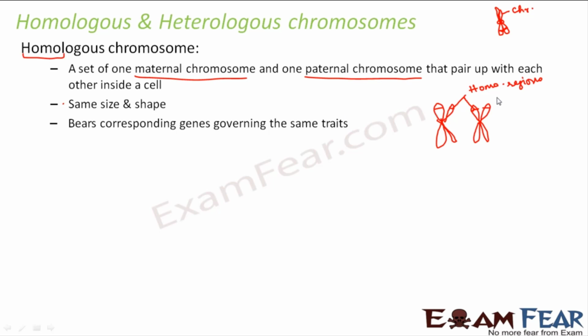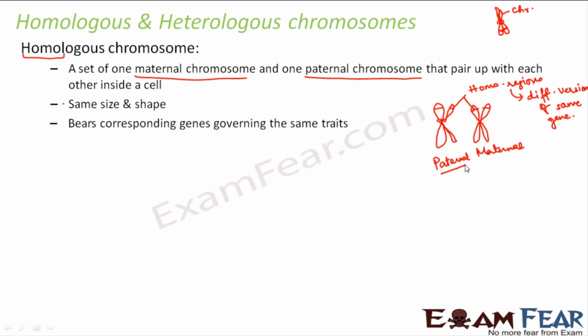These homologous regions basically consist of different versions of the same gene. Let me take an example. Let us suppose I talk about eye color. This is the paternal chromosome and this is the maternal chromosome.